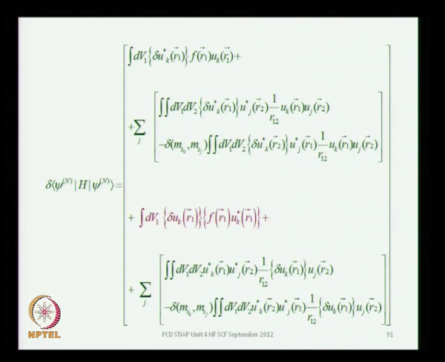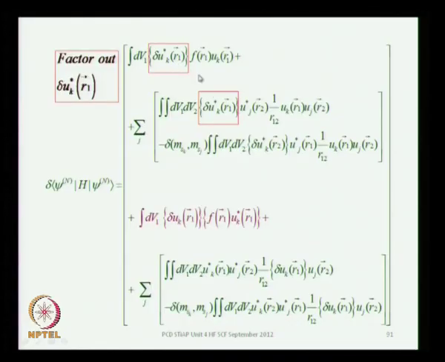and now you can look at all those terms which have got delta u k r 1. So, delta u k r 1 is common over here, you have delta u k r 1 over here, and then you have delta u k r 1 over here, and in all of these 3 terms it is only a multiplicative common factor in all the 3 integrands. So, you can combine the integrands.